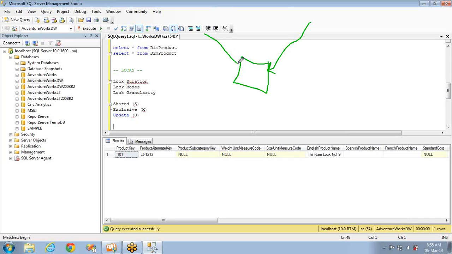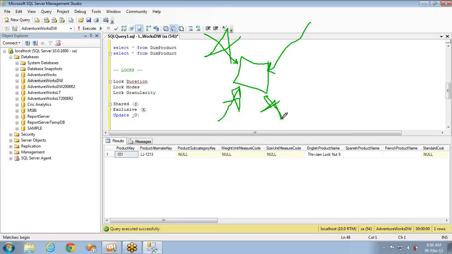Let's say user 2 is trying for a shared lock, it will say not possible, you can't have a shared lock here. If another user tries to have an update lock, it will not allow. If another user tries to have another exclusive lock, it will not allow. Once the exclusive lock is set, no other lock can be set on the particular resource until this exclusive lock is removed.